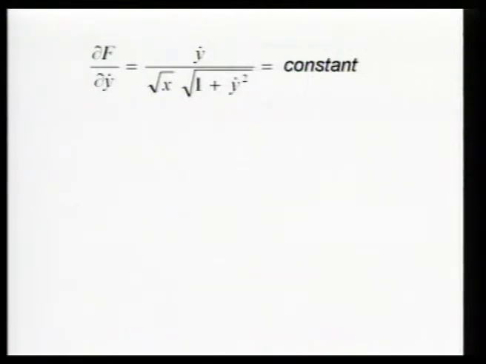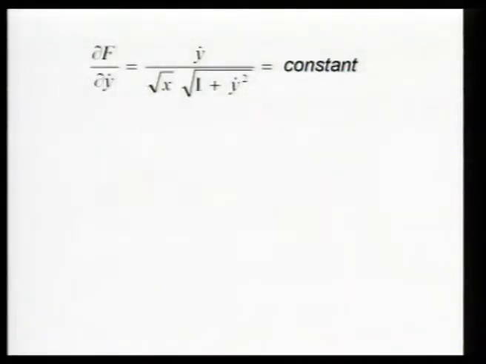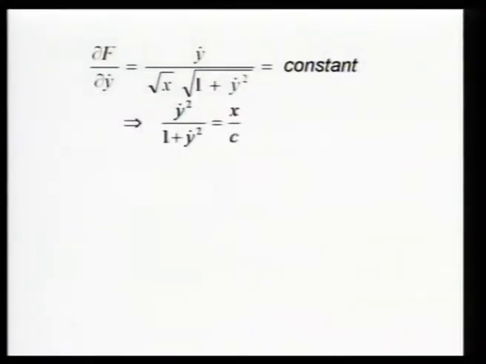A simple integration yields that delta f by delta y dot, which is y dot over under root of x and under root of 1 plus y dot square, is a constant. We square it. y dot square over 1 plus y dot square would be proportional to x. We write it as x by c, which means we had chosen our constant to be 1 over under root c.